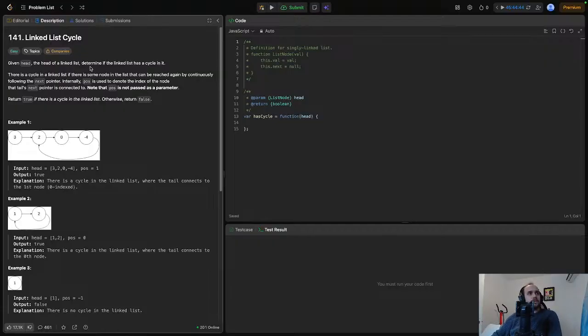A cycle is when some node in the list can be reached again by continuously following the next pointer internally. Position is used to denote the index of the node that the tail's next pointer is connected to. Note that position is not passed as a parameter. Return true if there is a cycle in the linked list, otherwise false.